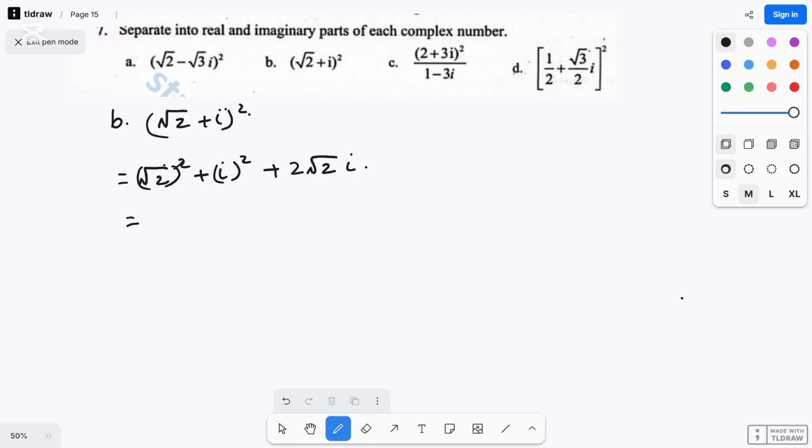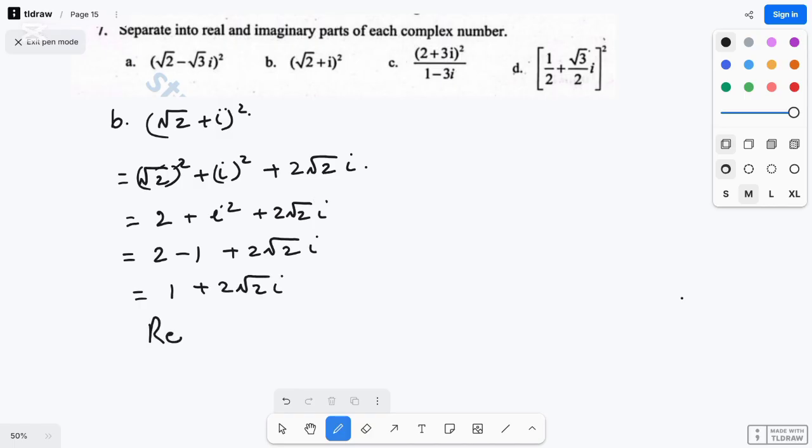The root cancels with the square, plus iota square plus 2 under root 2 iota. Put the value of iota square, which is -1, plus 2 under root 2 iota. 2 minus 1 is 1, plus 2 under root 2 iota. The real part is 1, and the imaginary part is 2 under root 2.